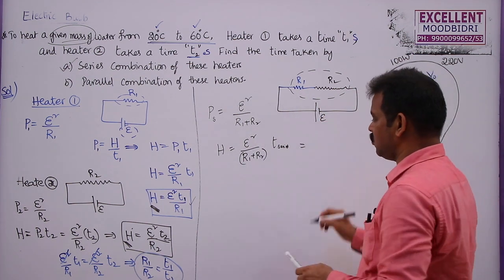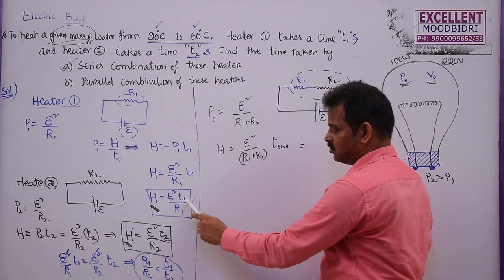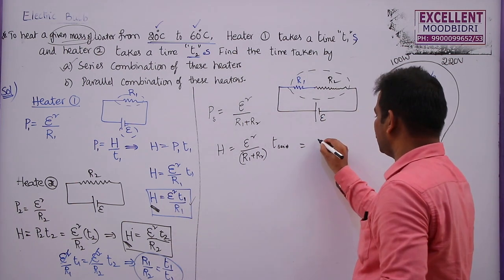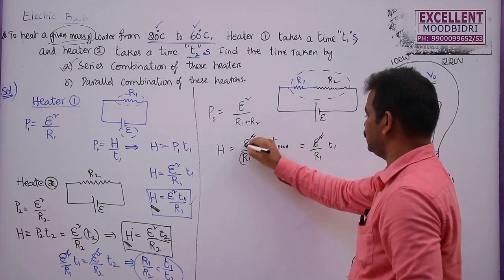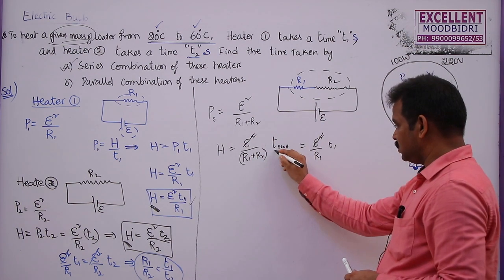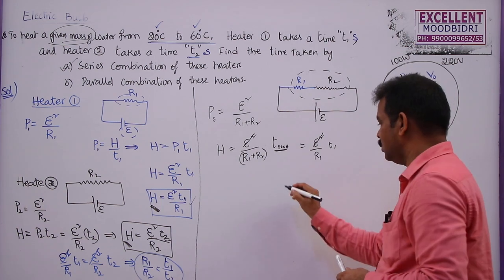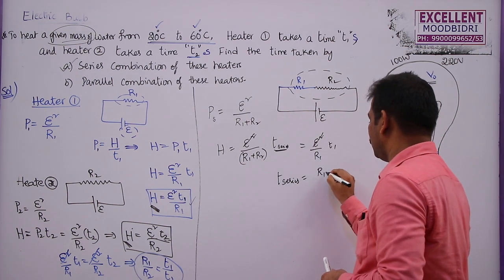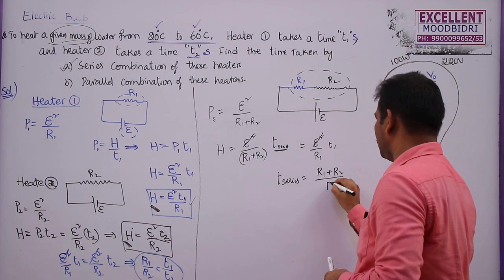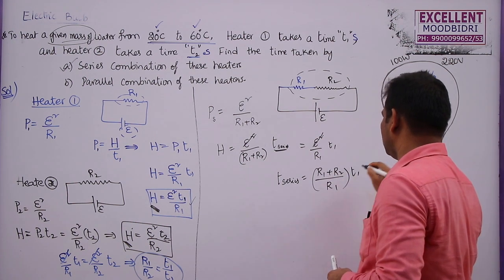This heat must be equal to either of these two equations. Let me take the first one, E square by R1 T1. You can cancel E square and E square. I need the time taken in series combination, so I can write T series is equal to R1 plus R2 by R1 into T1.